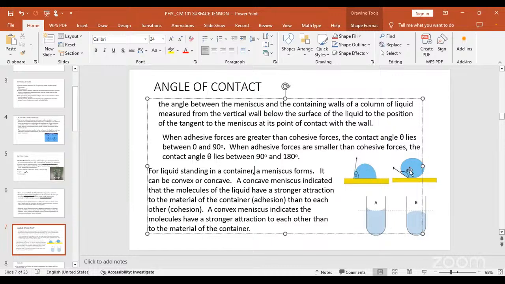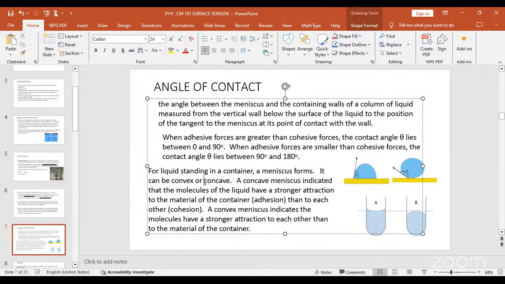In this other instance, when the contact angle is measured, the adhesive forces are much smaller compared to the cohesive forces. Then the contact angle is greater than 90, but less than 120, not flattened.